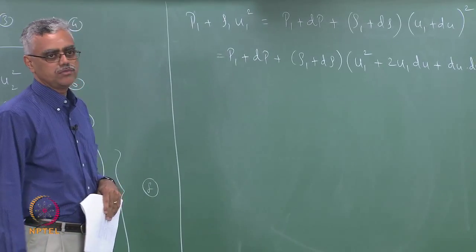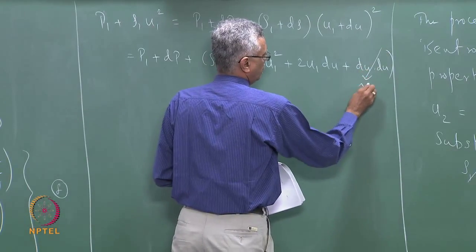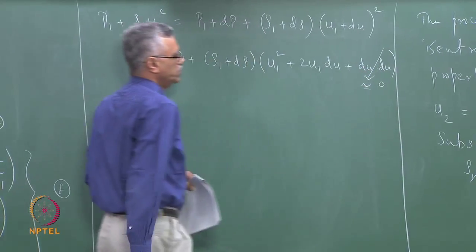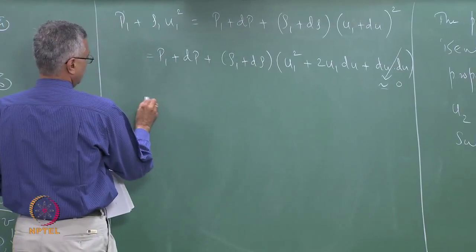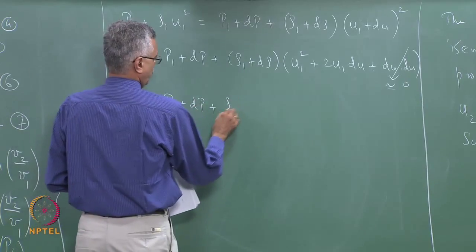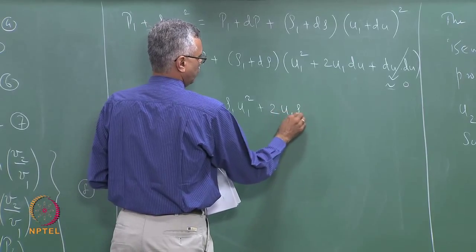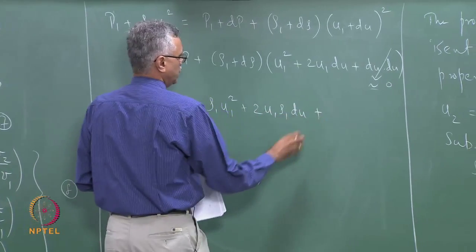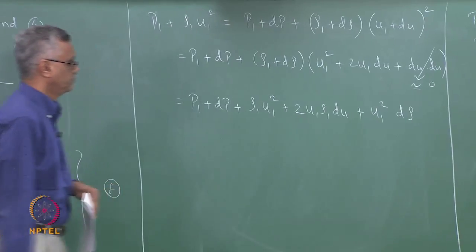And since du times du is going to be a very small quantity, we say that it is negligibly small. So we say that it is equal to 0, neglect that, and then we expand this product again, which gives me P1 plus dP plus rho 1 U1 square plus 2 U1 rho 1 du plus U1 square times d rho.